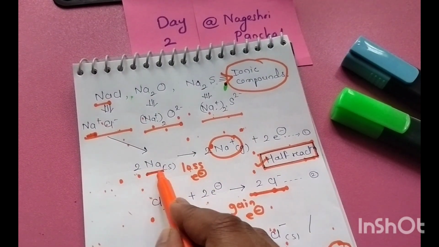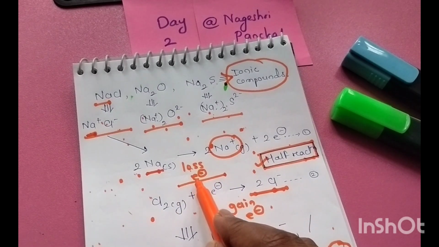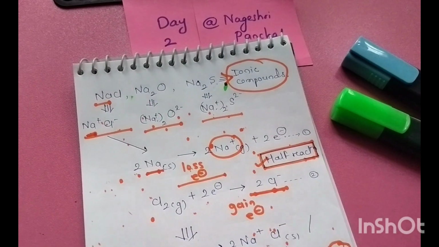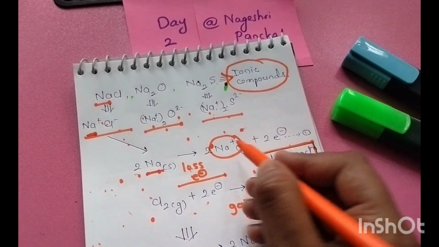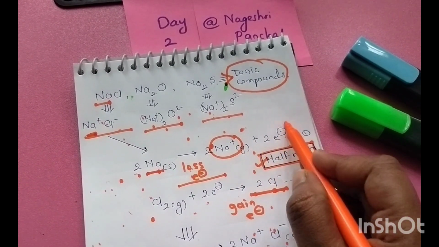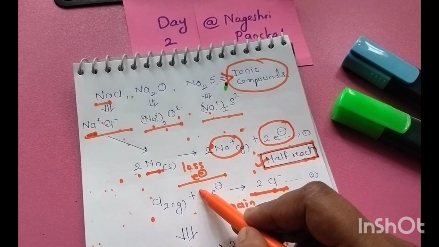Now here 2Na in solid form loses electrons, and it gets the plus sign. When an element loses electrons, it gets the plus sign: 2Na plus 2 electrons. This reaction shows the loss of electrons.